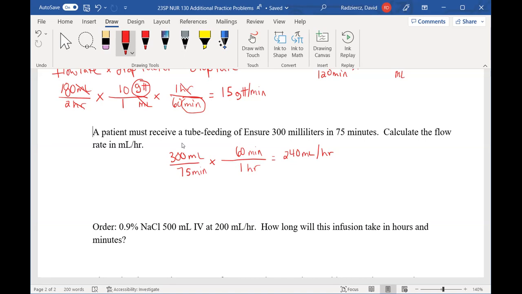You'll see practice questions where it has Solumedrol as a good example: 120 milligrams Solumedrol in 250 ml to infuse over 25 minutes, calculate the flow rate. All you care about is the ml and the time.